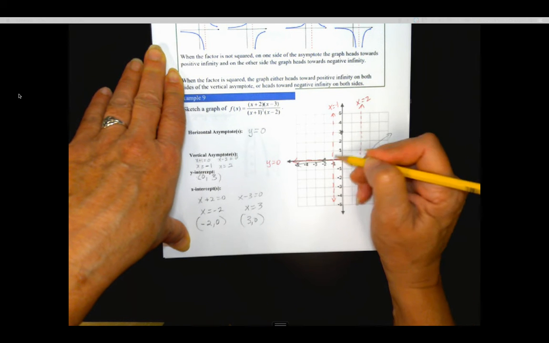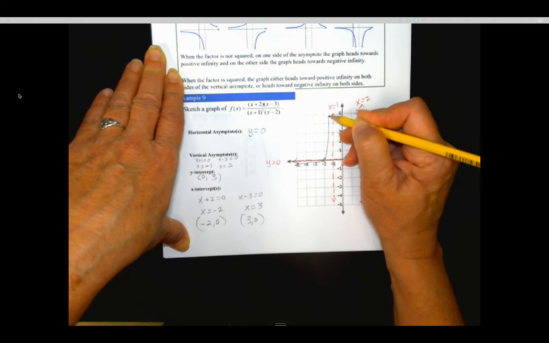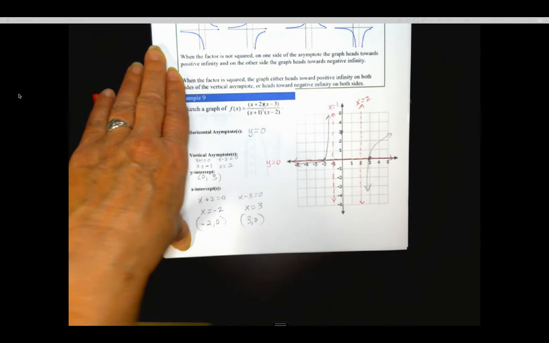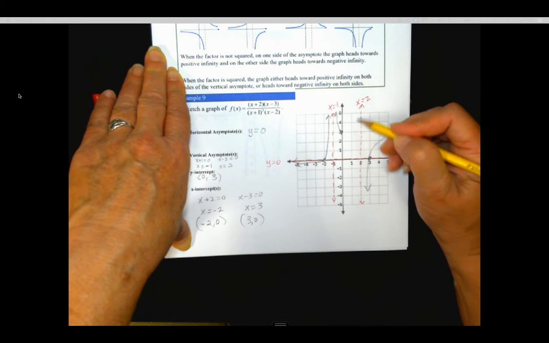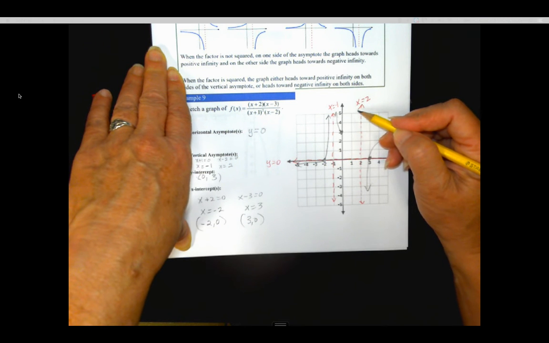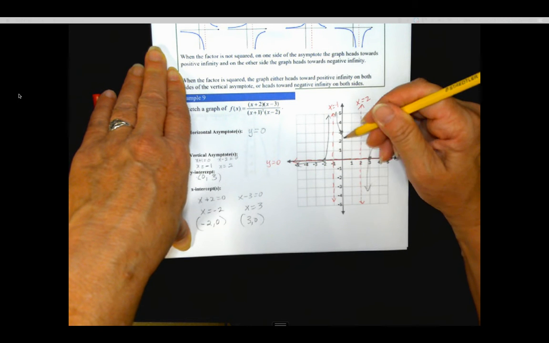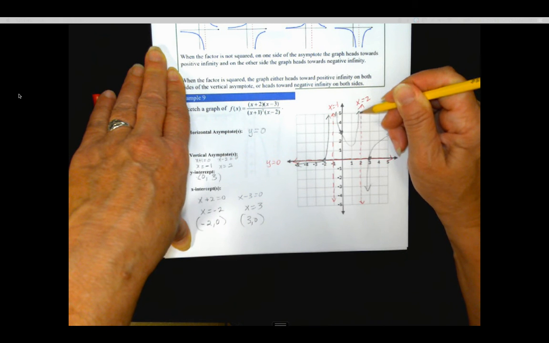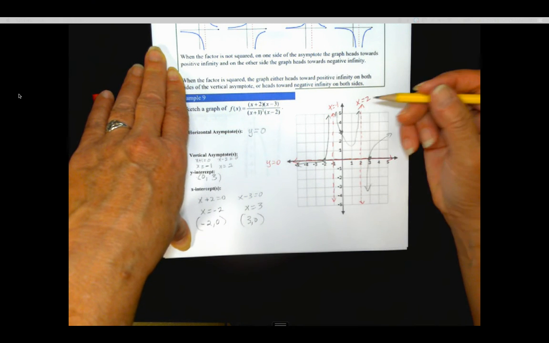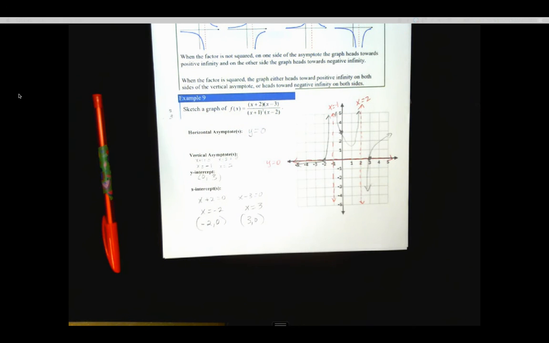And this is going to go up this way. We would want to grab some extra points. Now, the nice thing is that you will always have your calculator or technology to help you through this. So maybe it looks something like that. All right. Let's move on.